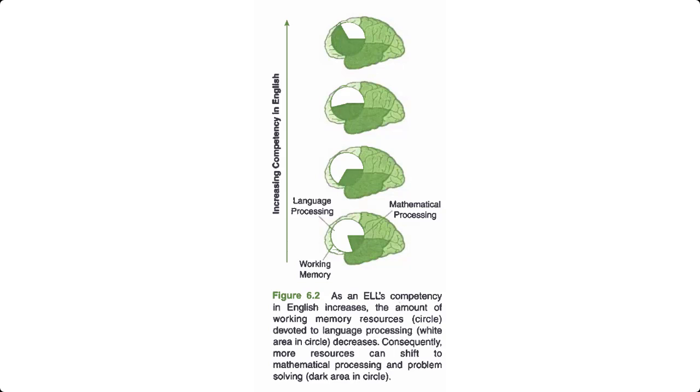You can see in figure 6.2 the explanation of the working memory. If a student's working memory is really spent on language processing, they have less memory to work on mathematical processing. As their language proficiency increases, they have the ability to use their working memory for more mathematical processing.